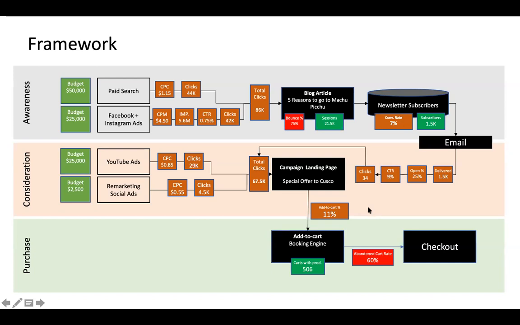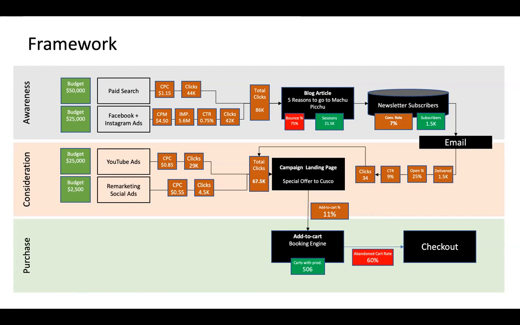Professor, good morning. How do you find the number of sessions in the blog article? You put 21.5K. How do you find that data? By applying the bounce rate to the total clicks I got from my paid media.